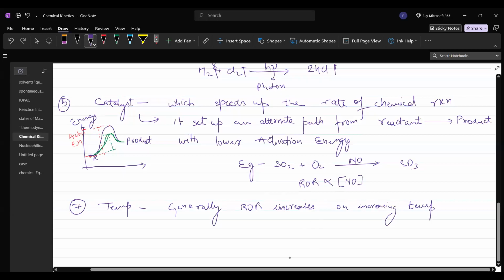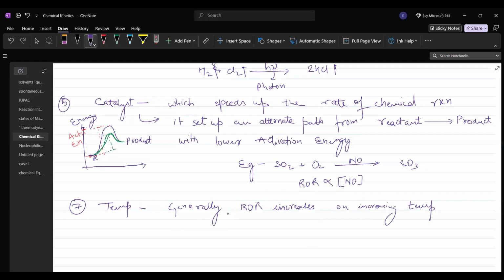So just note this down. Generally, rate of reaction increases on increasing temperature. Can you guess why? Anyone?